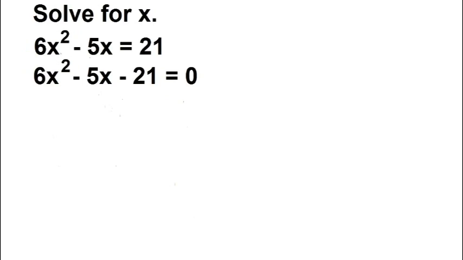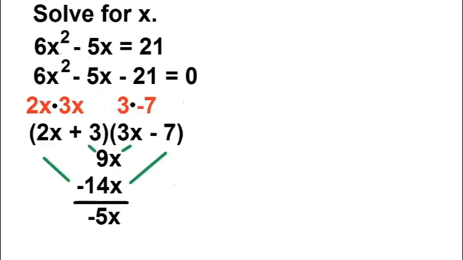What are the factors of 6x squared minus 5x minus 21? Trial and error. Factor 6x squared, also negative 21.